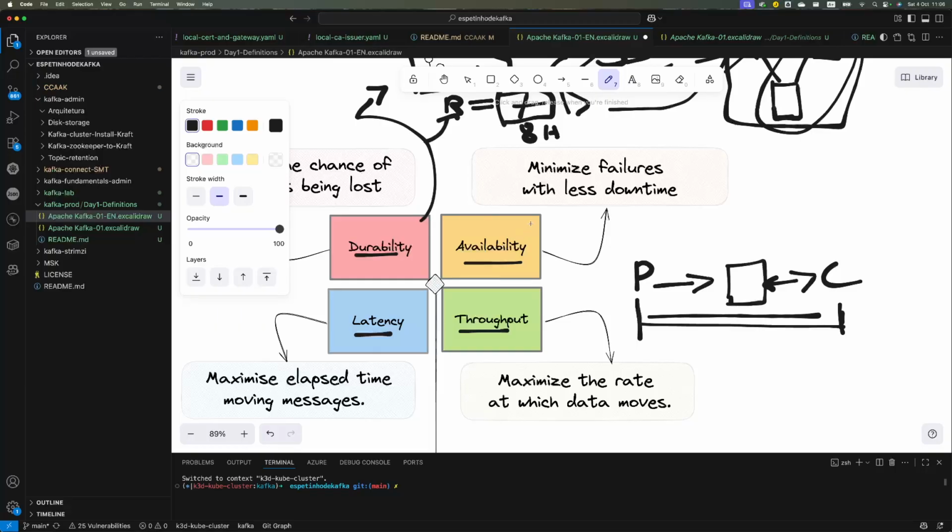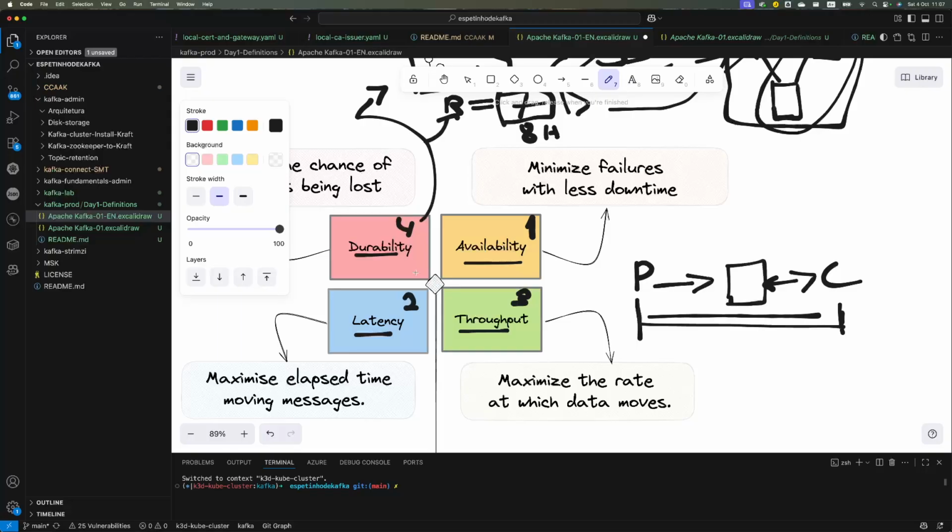The first one is availability. I need a Kafka that doesn't have any downtime. And the second goal for my Kafka is latency, and the third is throughput.